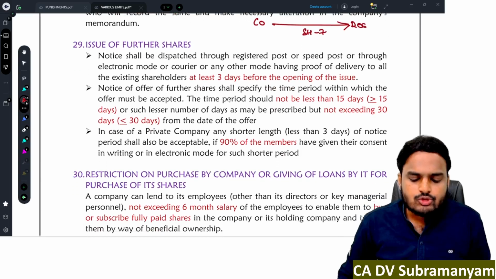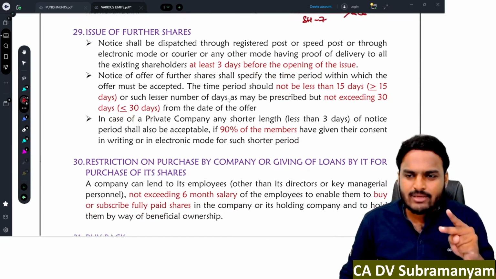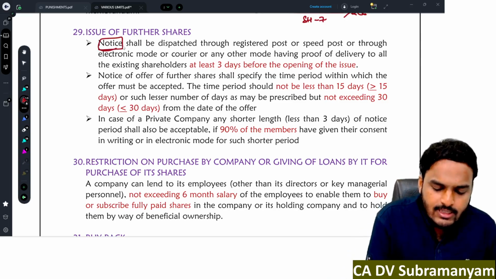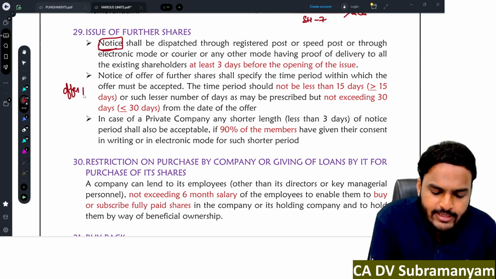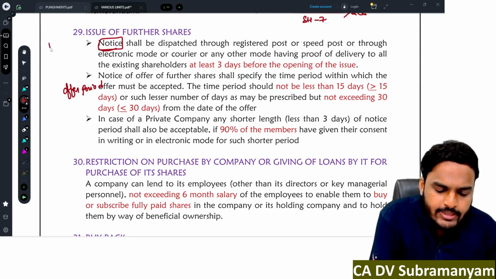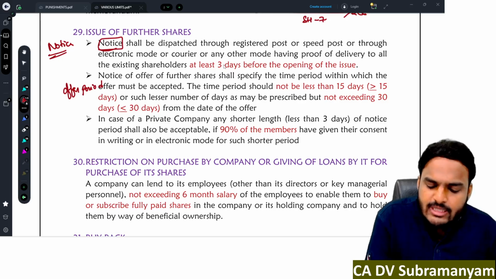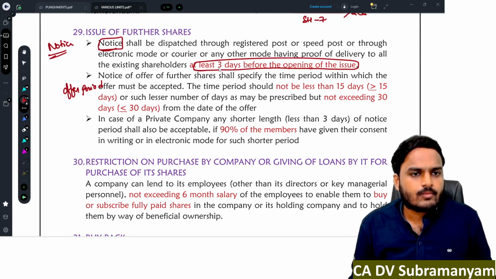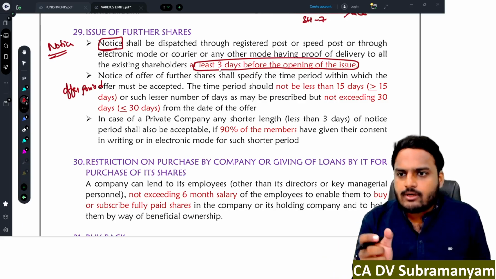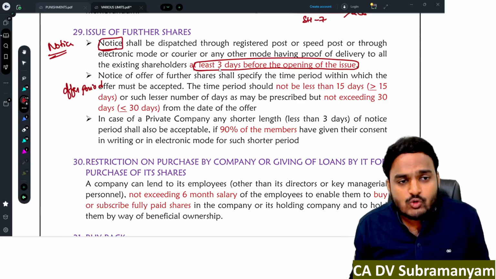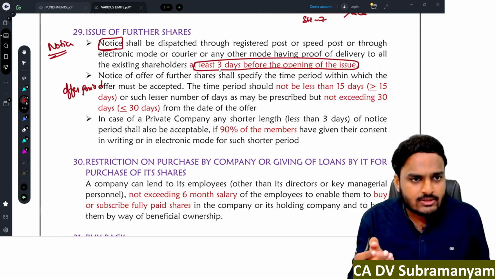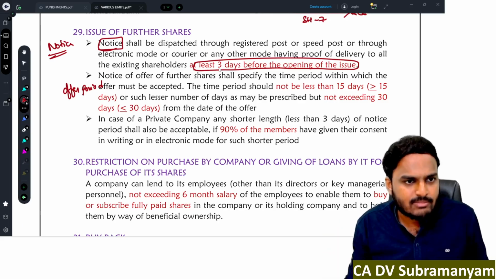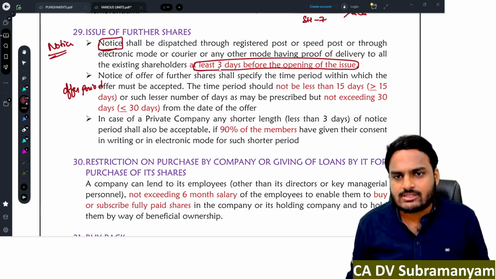Next one, issue of further shares. Only two time limits. One is notice and the other one is offer period. Notice shall be given at least 3 days before opening of the issue. So before the offer gets opened, at least 3 days before, you need to intimate the members about the issue of further shares.